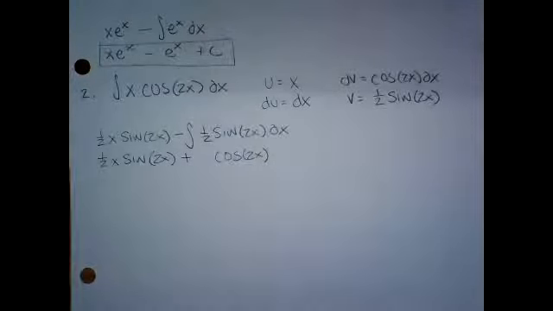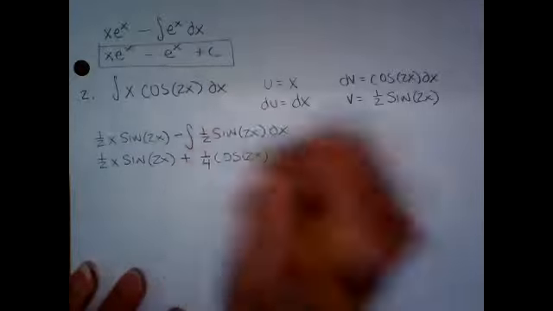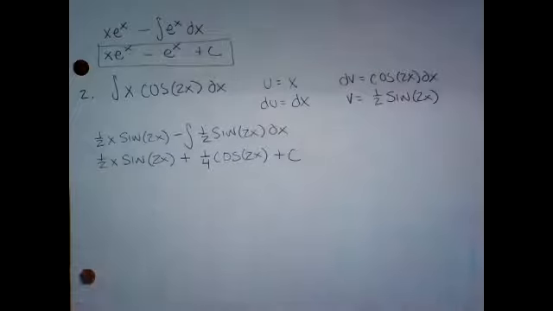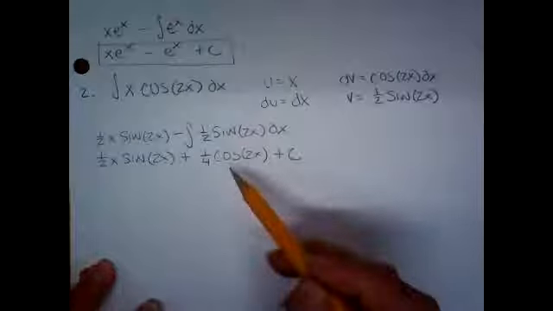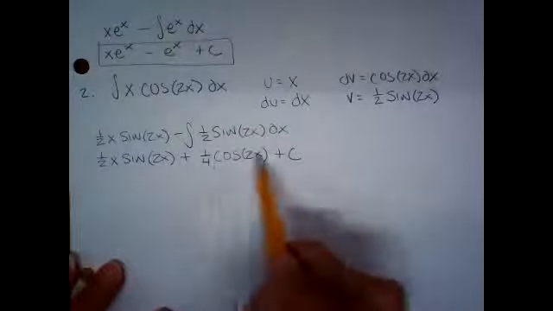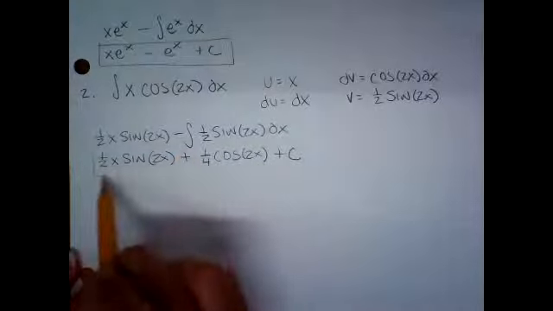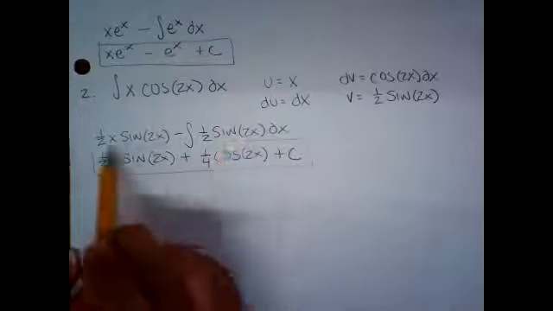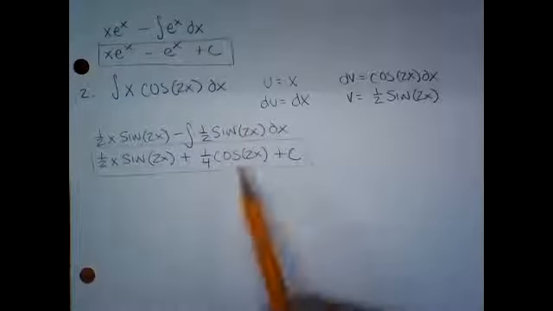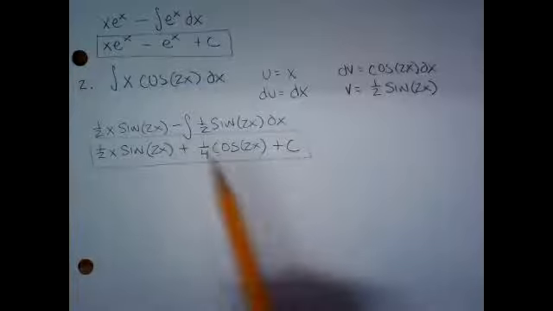Now, out front, there's already a half. So that's going to make it 1/4, and then plus c. You can always check your work by doing a derivative. If you do the derivative of this, you will get negative a half sine 2x. Right, when you do the chain rule and you multiply by a 2, 2/4 would reduce to 1/2.